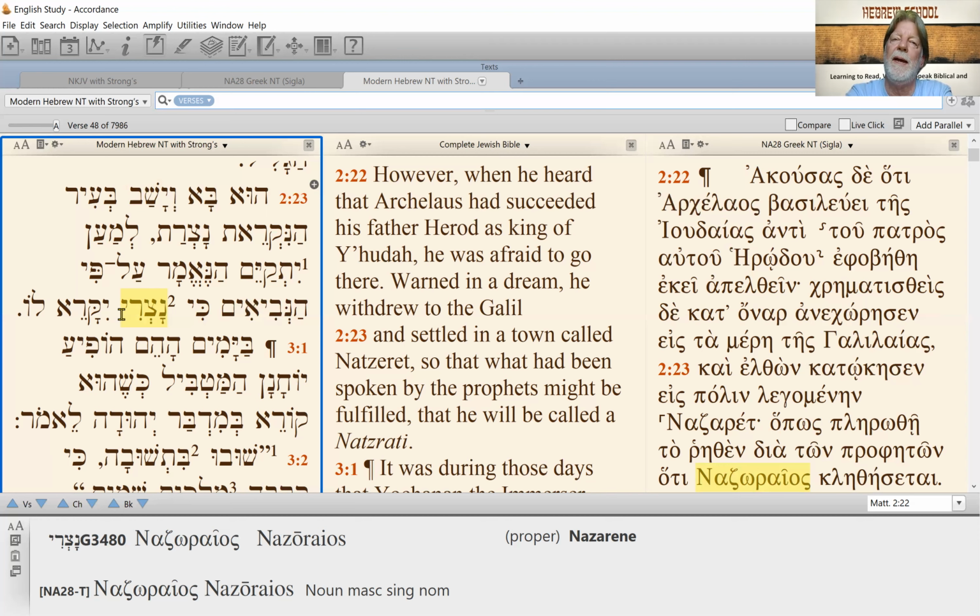Netzer means a branch, or a keeper, or a watchman. And one prophet prominently speaks of this, and it was Isaiah who wrote in chapter 11, verse 1, that a branch would come from the stump, like the cut off tree of Jesse.